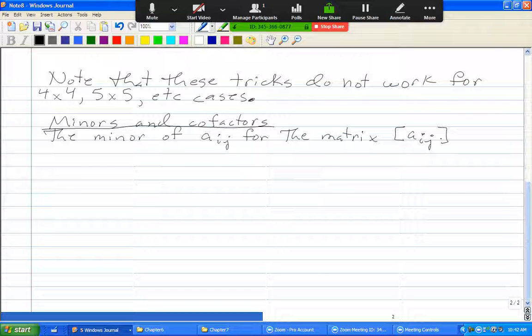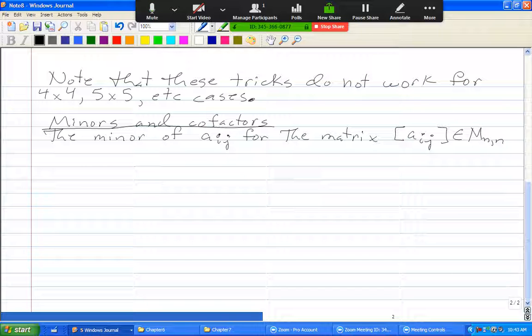Now, bad notation, but here Aij, the i's and j's are arbitrary, and this is an n by n matrix. They're arbitrary numbers.